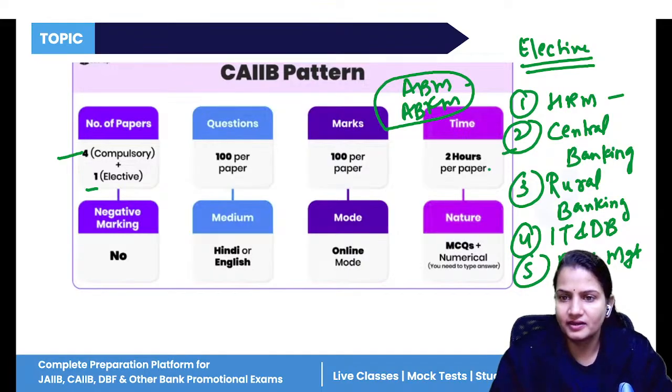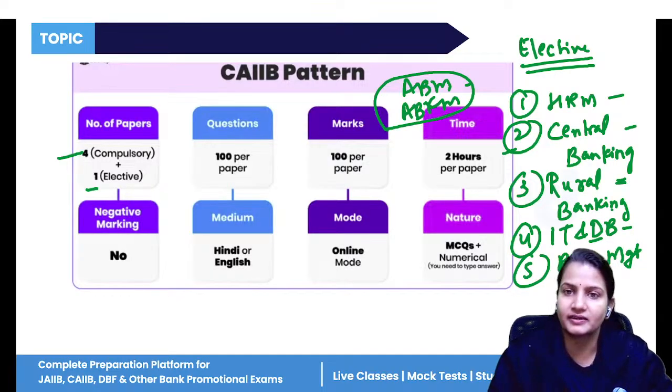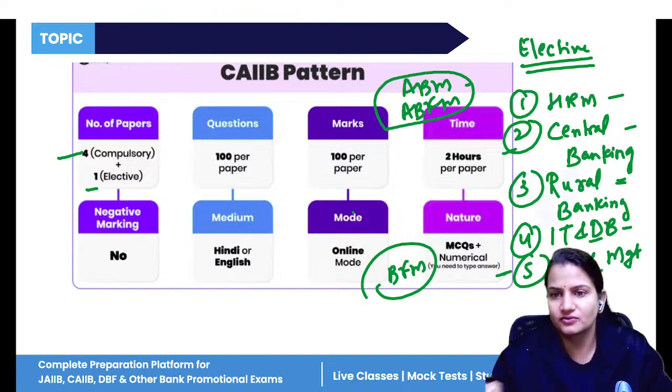Then central banking: if you have an interest in RBI and liquidity management, you can take central banking. Rural banking: if you have past experience working in a rural bank, you can opt for this paper. If you are from a science or engineering background, you can go for IT and DB. And risk management is a little bit related to your BFM paper. So these are the five subjects that you can choose wisely according to your convenience.